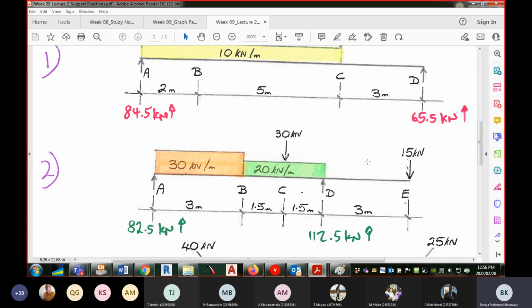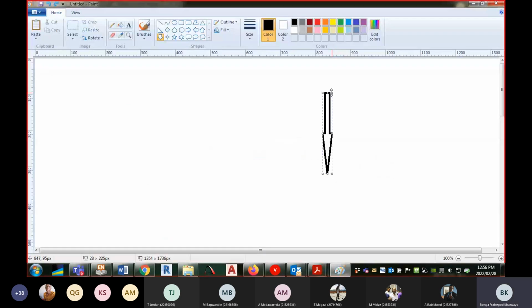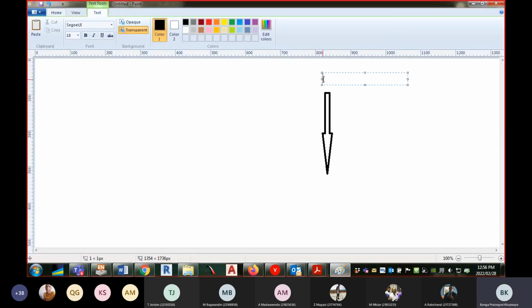All right. Let me open a new page. Don't save this one. We have, at the tip of the cantilever, a point load of 15 kilonewton.